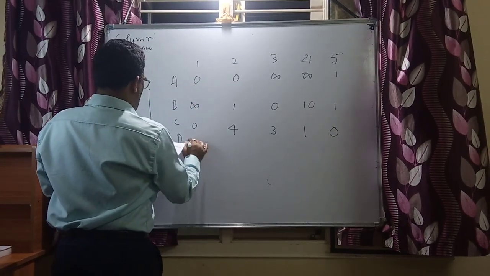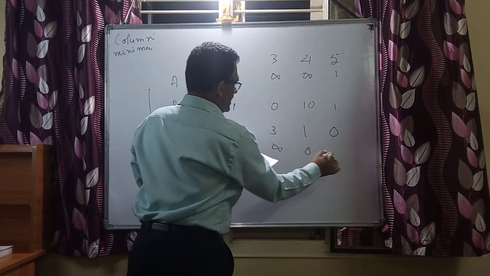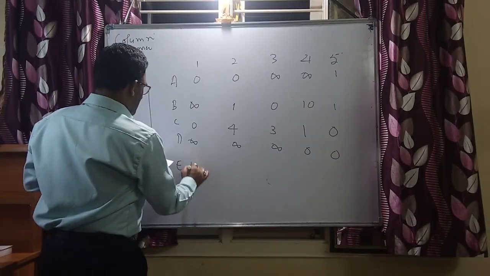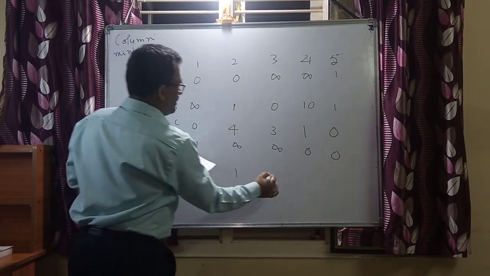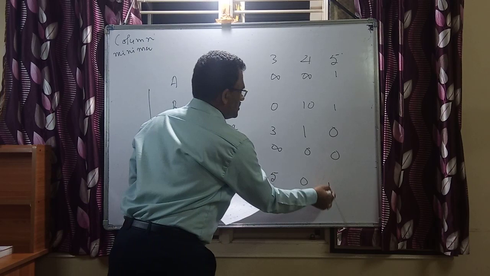Next infinity, infinity, infinity, 0, and then this is 0 here. Next 11, 1, 5, 0, and then this is 1.